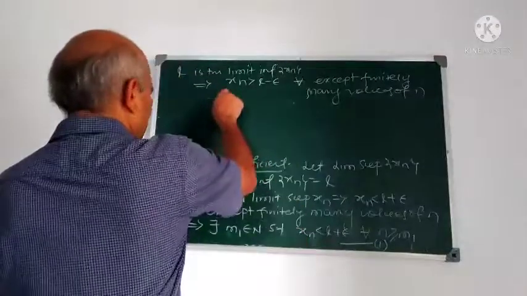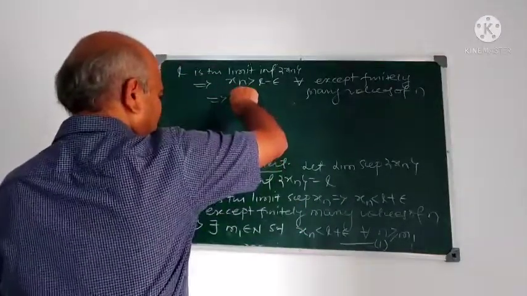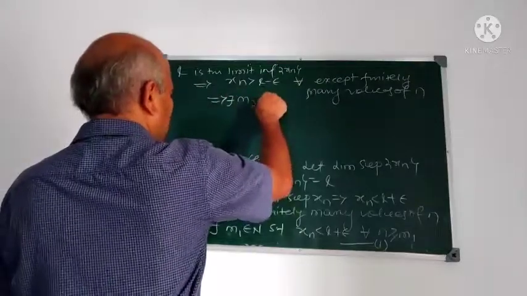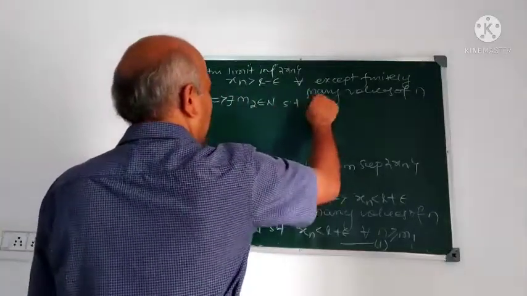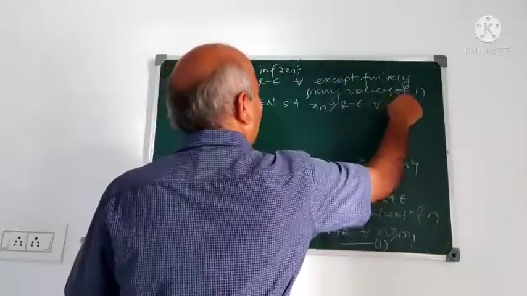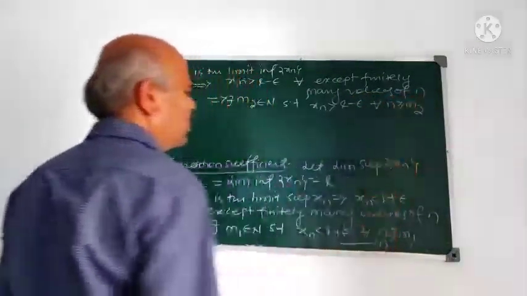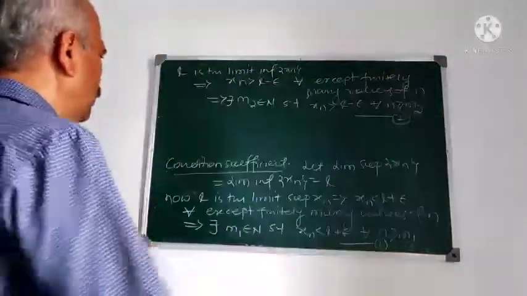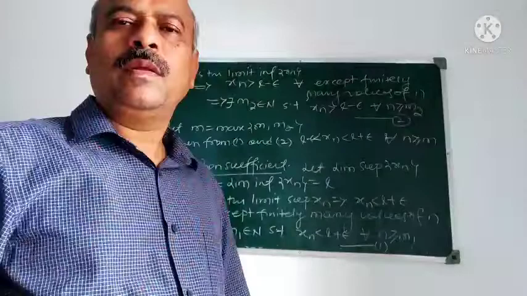Again, this implies there exists m2 belonging to N such that xn is greater than L minus epsilon for all n greater than or equal to m2. Take this as 2.